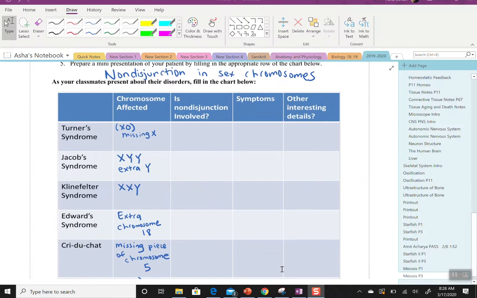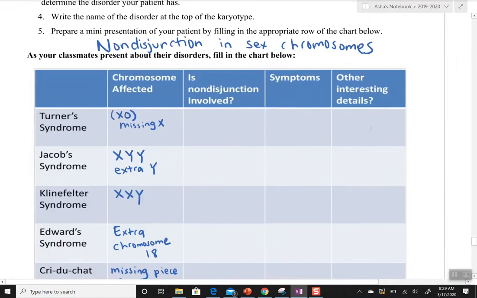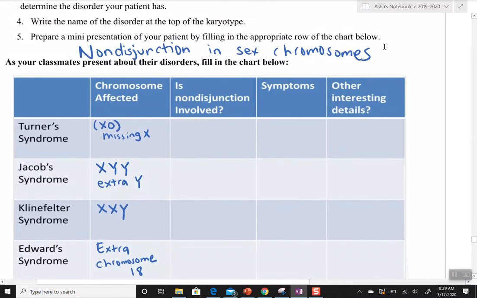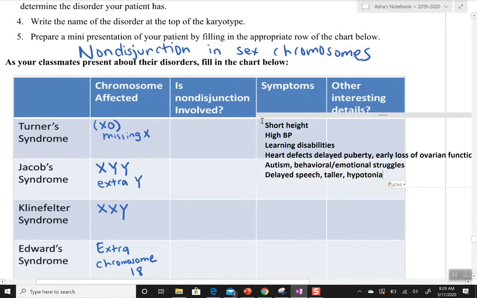I think I might just get through Turner syndrome alone for today, and then we'll pick up on this tomorrow. So Turner syndrome, we have a missing X chromosome. What I want us to write here for symptoms or other interesting details is the following.